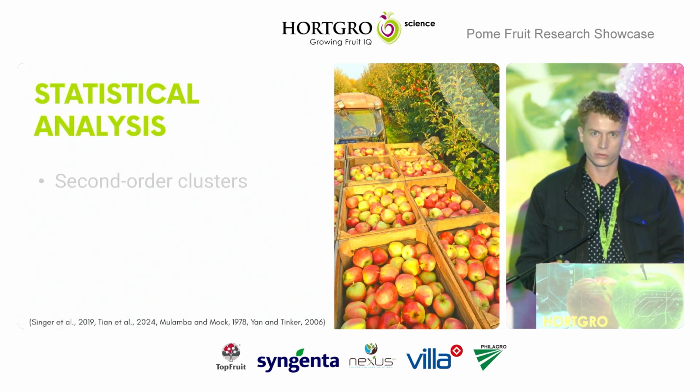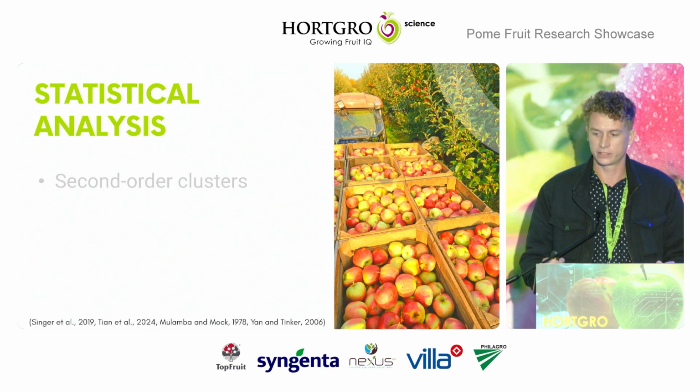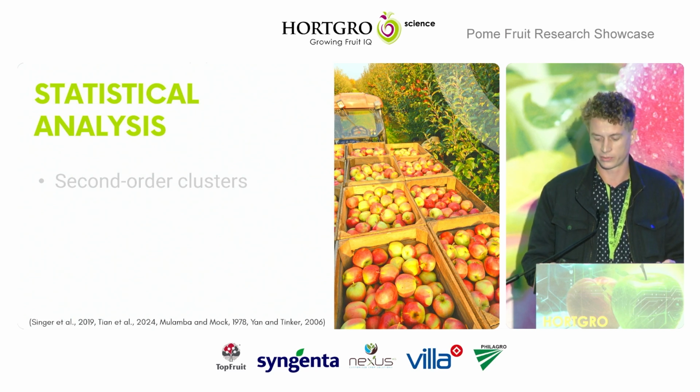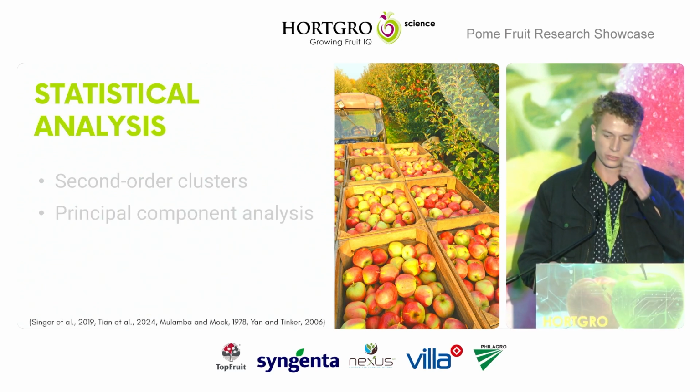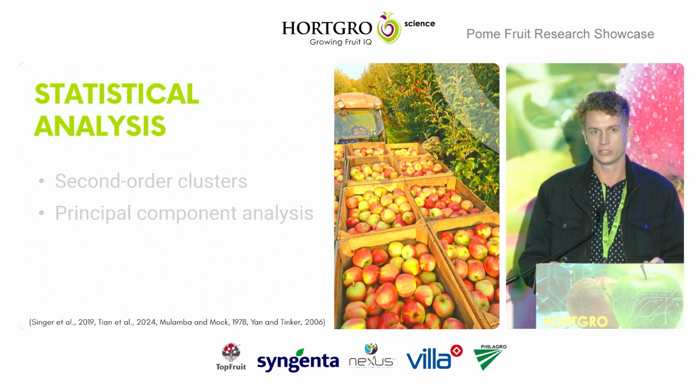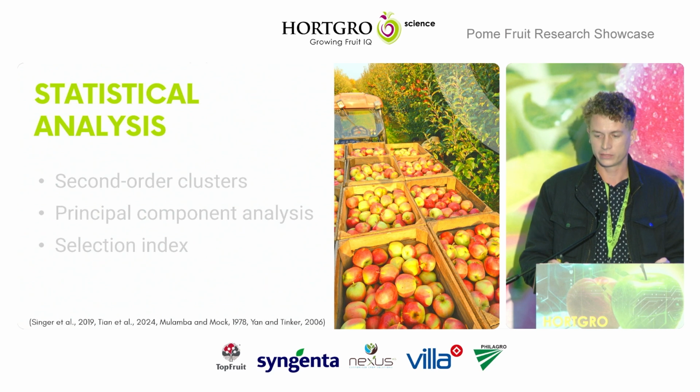In order to ensure the internal consistency of these subcategories, we created a second-order cluster structure using the VAR class procedure. A principal component analysis was then applied in order to select the variables that contribute the most to the total variation of all the selected variables. These variables that were identified were then used within a selection index calculation.